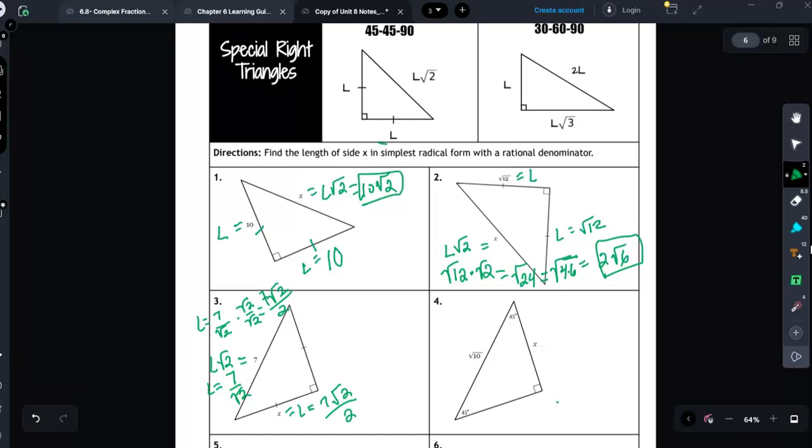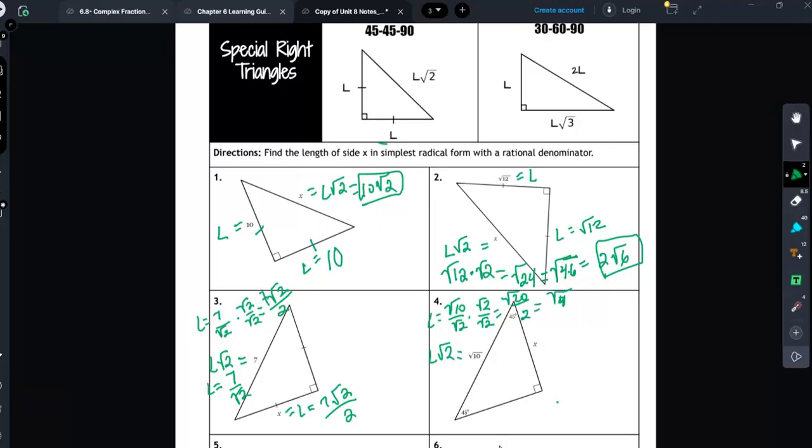That's 45. Yep. So again, the hypotenuse is equal to L square roots of 2. L is going to be equal to square root of 10 divided by the square root of 2. We've got to multiply by the square root of 2. So this is the square root of 20 over the square root of 2.